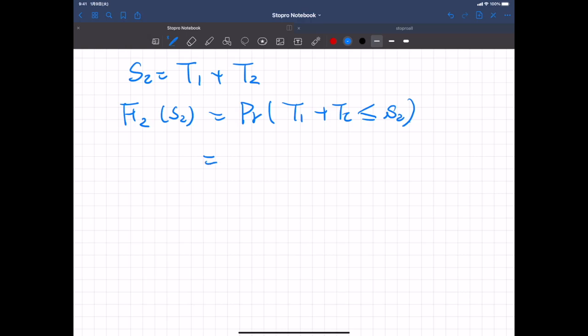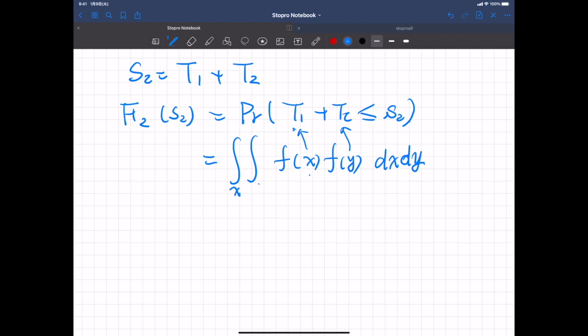And that is the integral. It's actually a double integral, because we have T1 and T2. Since they're independently and identically distributed, we have f of x and f of y, dx dy. Let's say x corresponds to T1 and y corresponds to T2. But what is the region for integration?